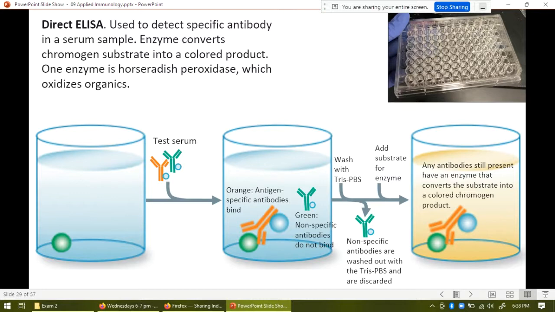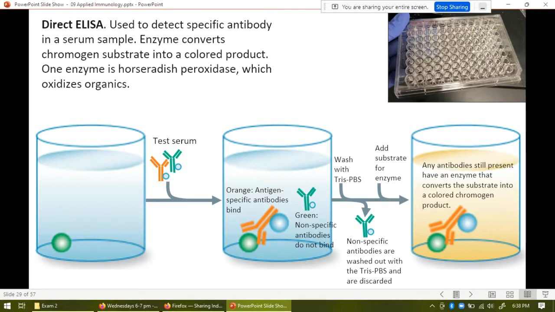And then we have some ELISAs. And ELISAs are relatively simple immunoassays that you may have done in cell bio or another class. The first kind of ELISA is the simplest and is the direct ELISA. ELISA actually stands for enzyme-linked immunosorbent assay.